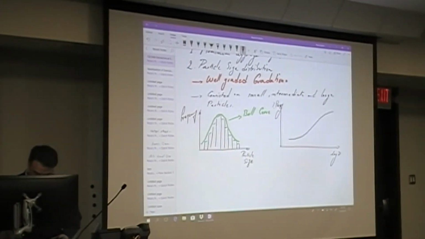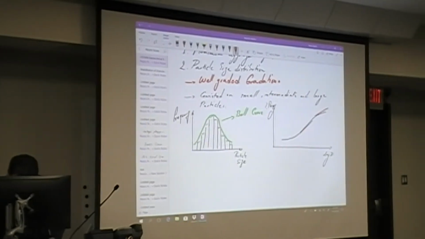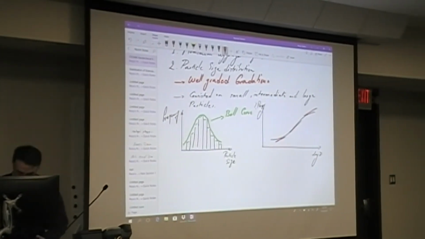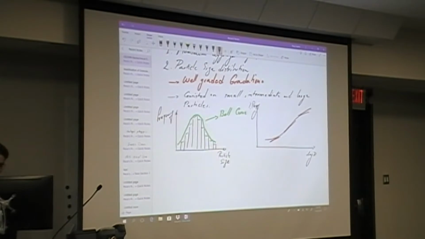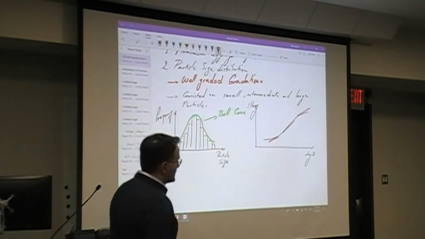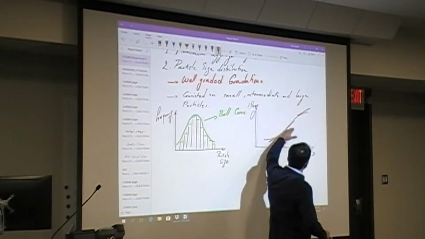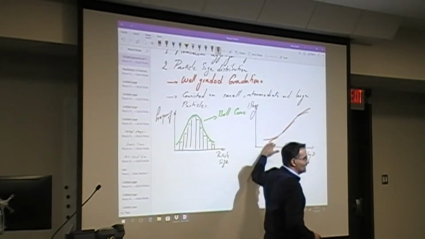What's the slope of the cumulative distribution? This is again coming from your statistics. The slope of the cumulative distribution is the frequency. So what this basically means is that you have relatively similar amount of material all along.